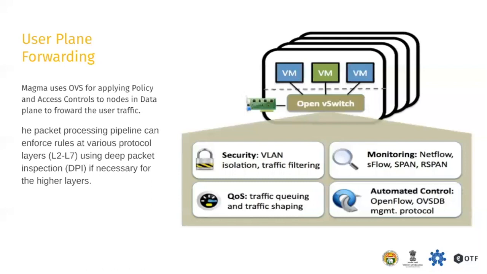Therefore, some changes are needed in the data plane, besides what you have in the VM, like container networks, Calico, which operates at layer 3.